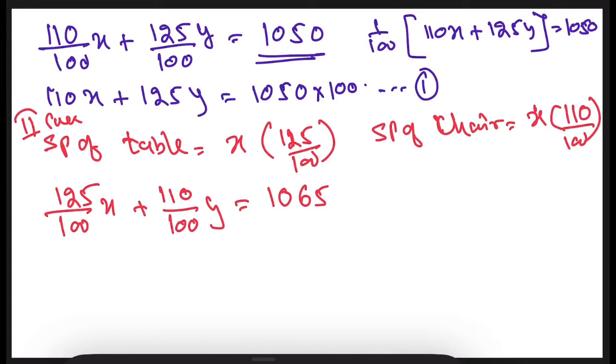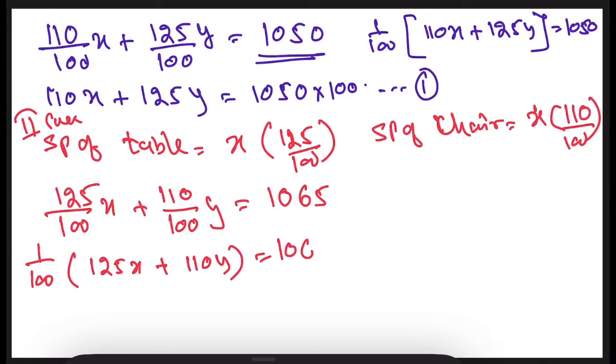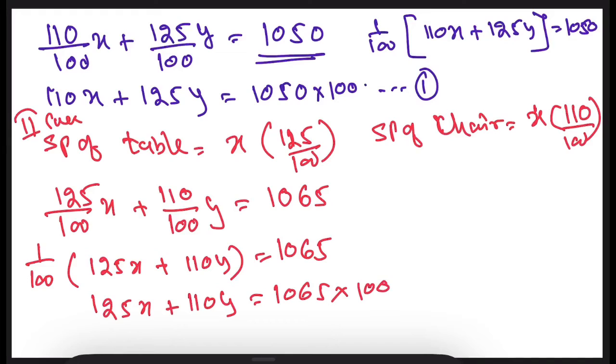Okay, again you take out 1 upon 100 as a common, and 125 x plus 110 y equals to 1065 into 100. Now this is our second equation. Got it? From these two equations we shall do by elimination method.